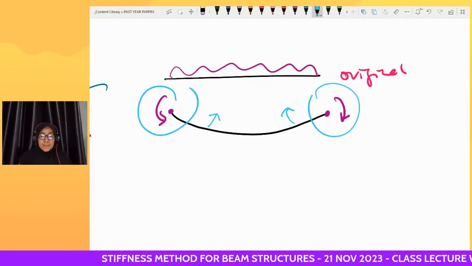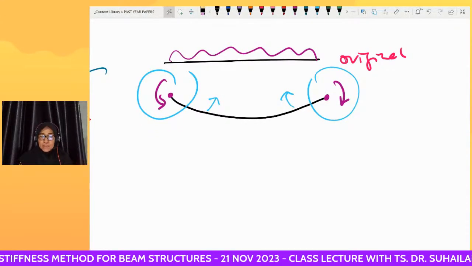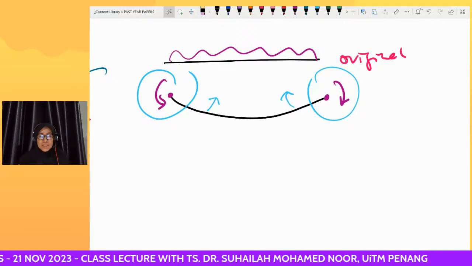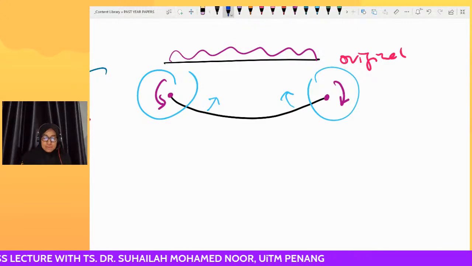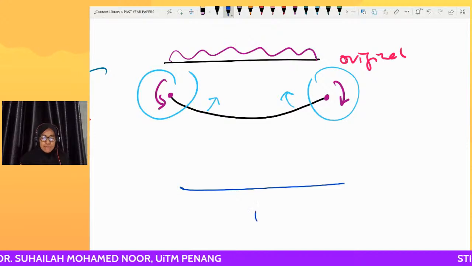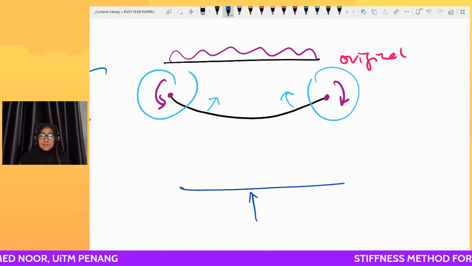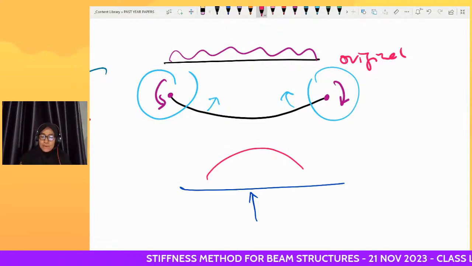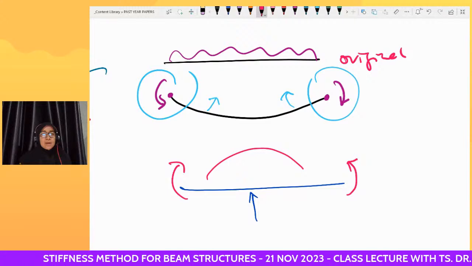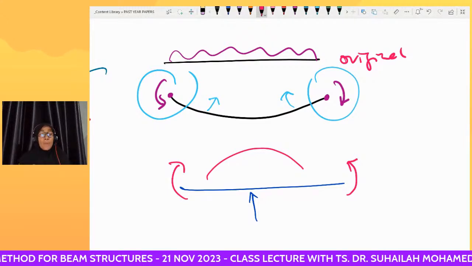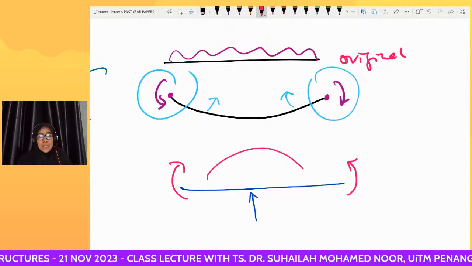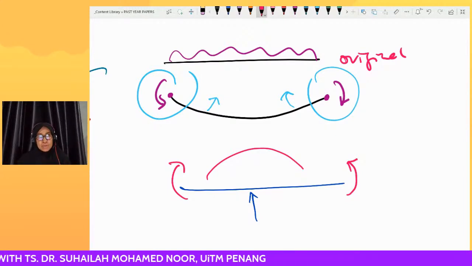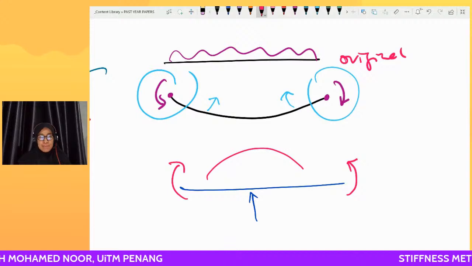That is why for fixed end moment, due to loading, it is always going to be like this. If loading comes from this side, the beam will bend like this, so the moment we apply is opposite, because the loading is opposite to the bending.